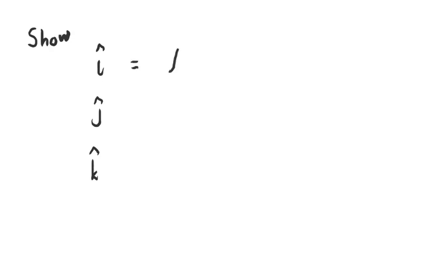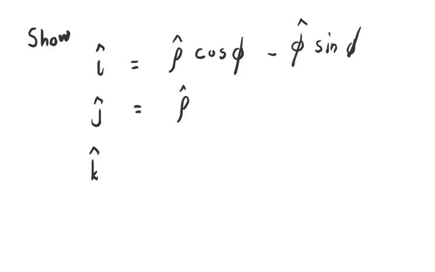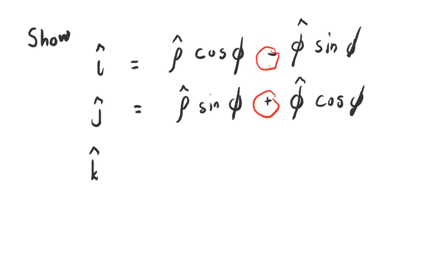I'll tell you what the answer is, but you need to do the assigned problem in problem set 1 and prove to yourself that it's true. There's i hat. There is the first component of j hat. Note there's a minus sign here. There's no minus sign there. And there's k hat. Same story.